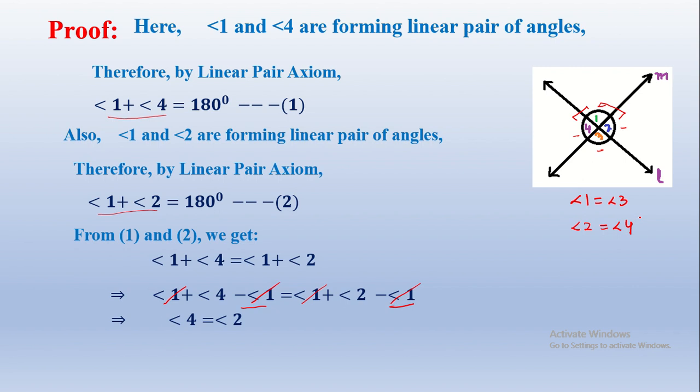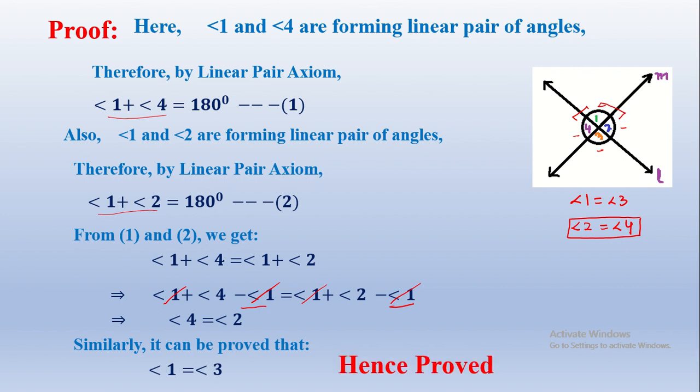This was one of our vertically opposite angle pairs, and we proved that angle 2 is equal to angle 4. Similarly, we can prove that angle 1 is equal to angle 3. Thus, we proved that vertically opposite angles are equal.